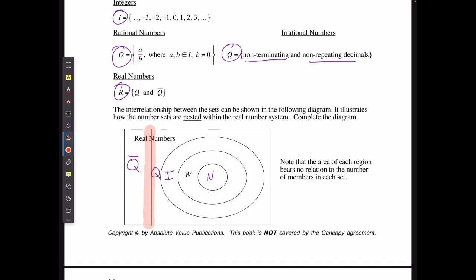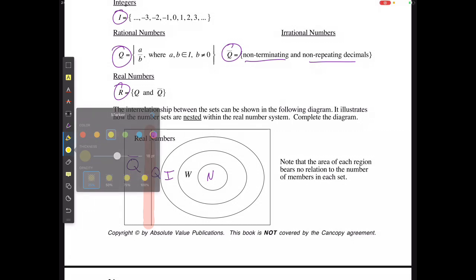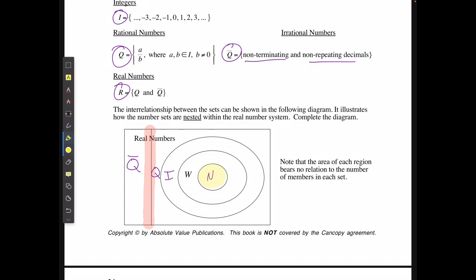We create it so that it's nesting because if it is part of an inner circle, like natural numbers, then it's also part of all of the ones that are outside of it, with the exception of irrational numbers.